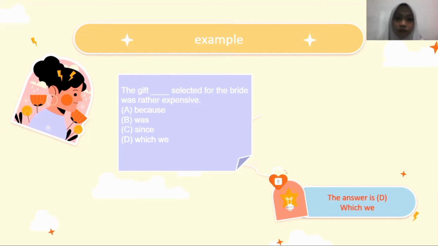The most appropriate answer for the example question above is D. So the sentence becomes, the gift which we selected for the bride was rather expensive. In this sentence, gift is the subject of the verb was. We is the subject of the verb selected and the adjective connector which functions to combine the two clauses.